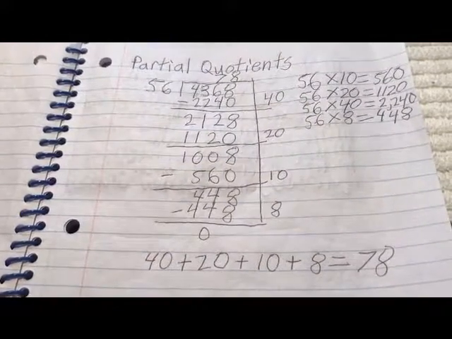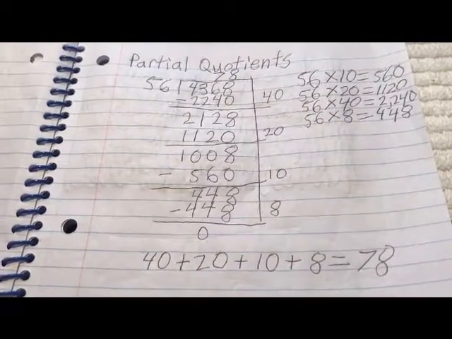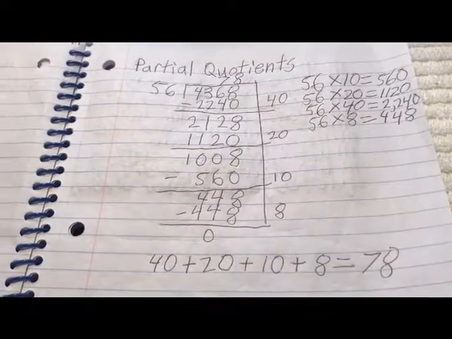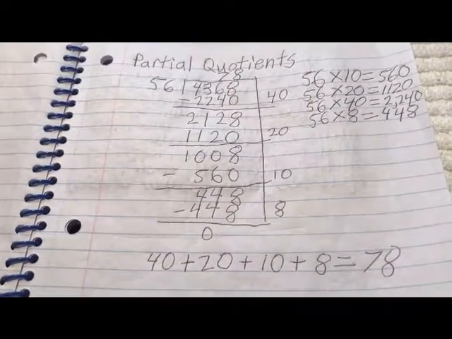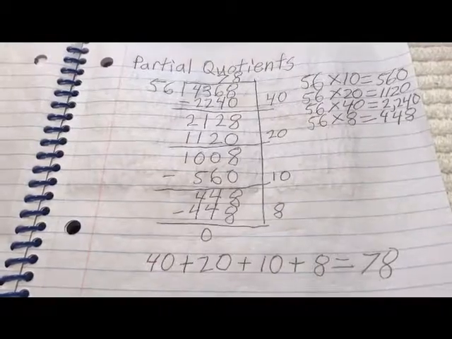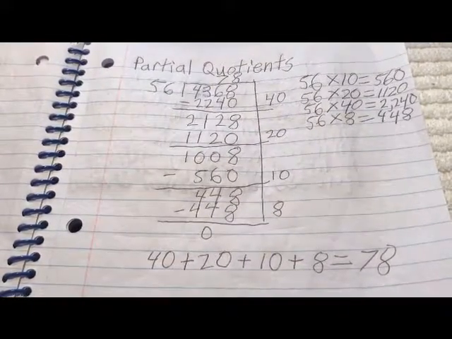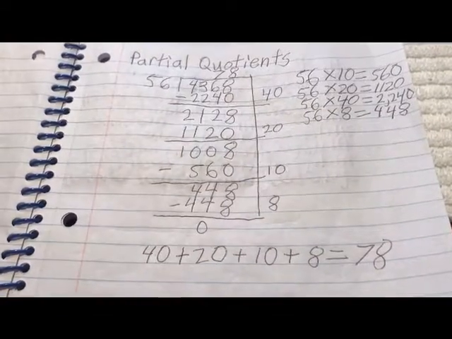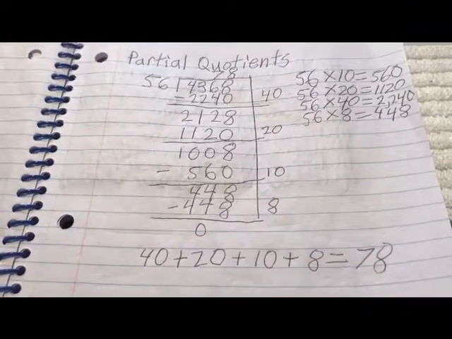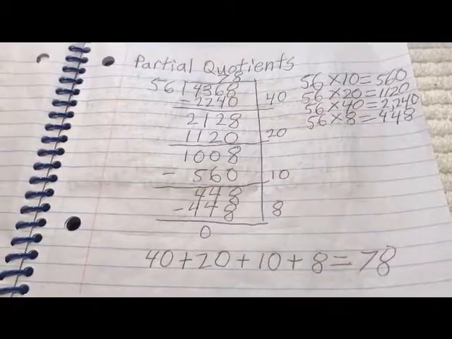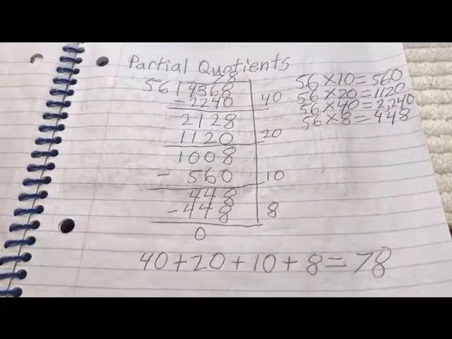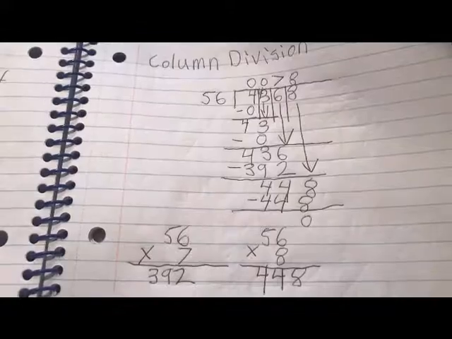And then you subtract 448 from that number, and then you get to 0. And with the partial quotients method, notice, whatever numbers you used to multiply by, you add them up. Okay, so 40 plus 20 plus 10 plus 8 is equal to 78.